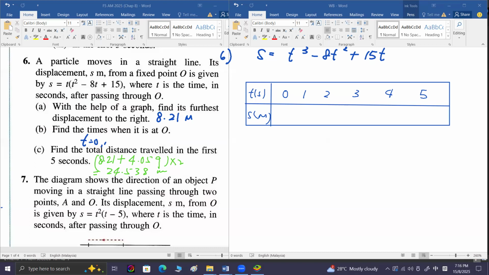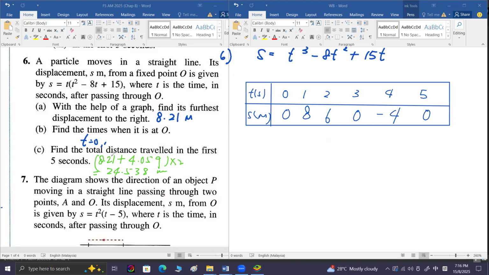Calculation 0, equal, I got 0. Calculation 1, equal, I got 8. Calculation 2, I got 6, and so on.